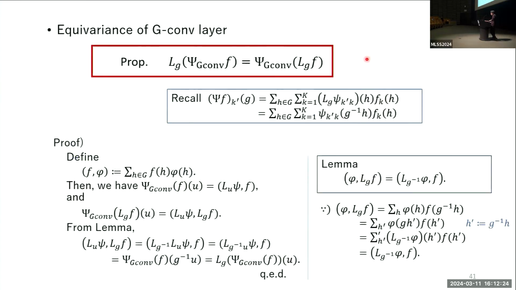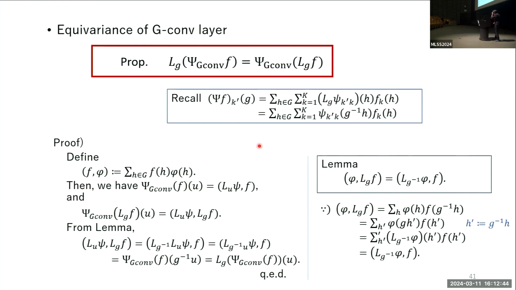So mathematically, equivariance can be formulated like this. The shifting operation by group element G after the convolution layer is equal to the group convolution layer after taking the shift in the input signal.